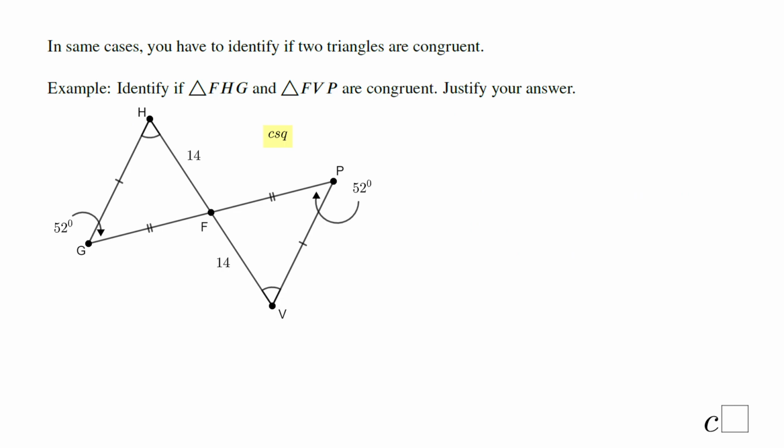So let's take a look here. What do we have here? Well, in order to prove that these two triangles are congruent, we need to see the 6 parts are congruent. So let's start with what we can see. We can see this side and this side are congruent. They are marked the same.